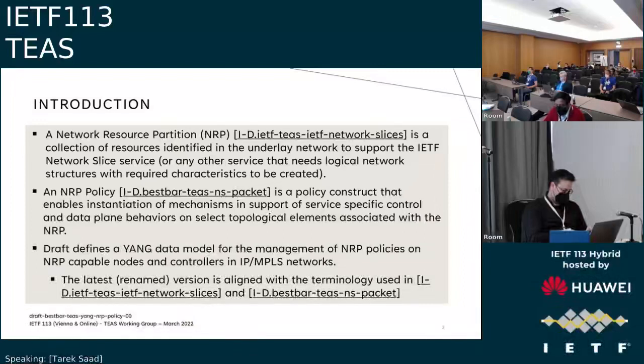And then we have the NRP policy that's introduced in the solution draft that I provided an update on earlier today. The NRP policy is a policy construct that enables the instantiation of mechanisms in support of these service specific data plane and control plane behaviors on the set of topological elements associated with the NRP. So the NRP policy is the vehicle to instantiate these mechanisms.